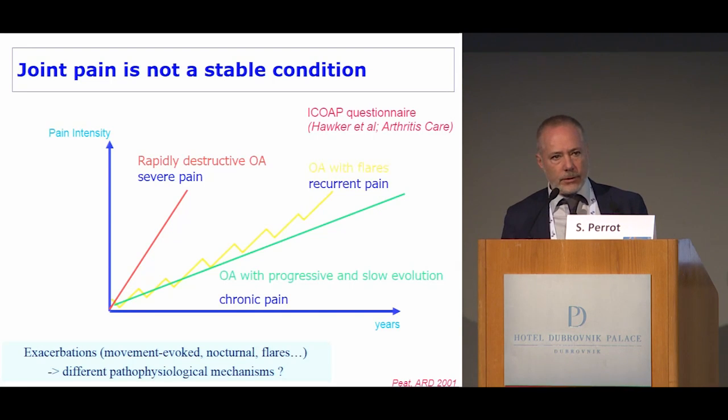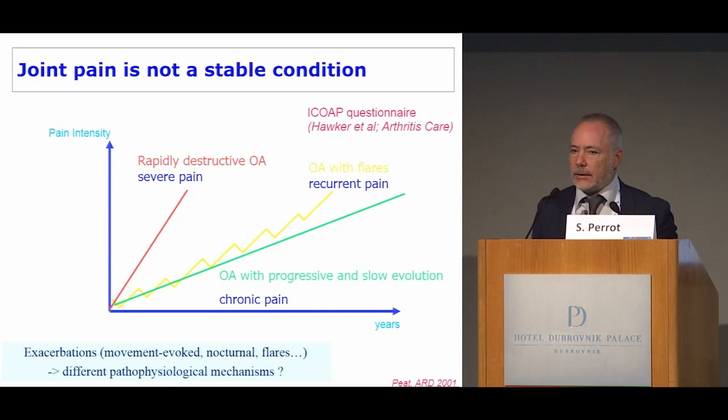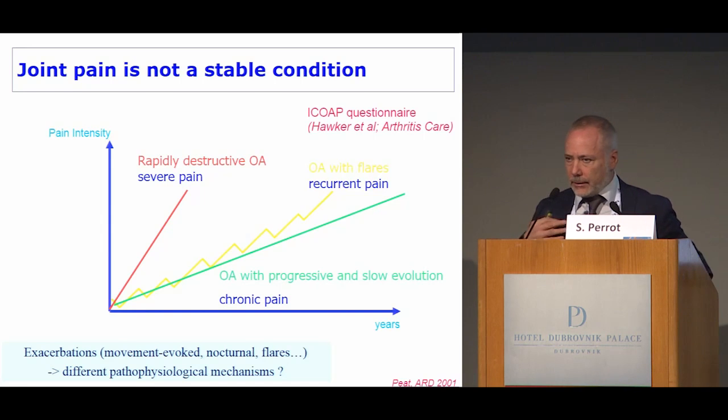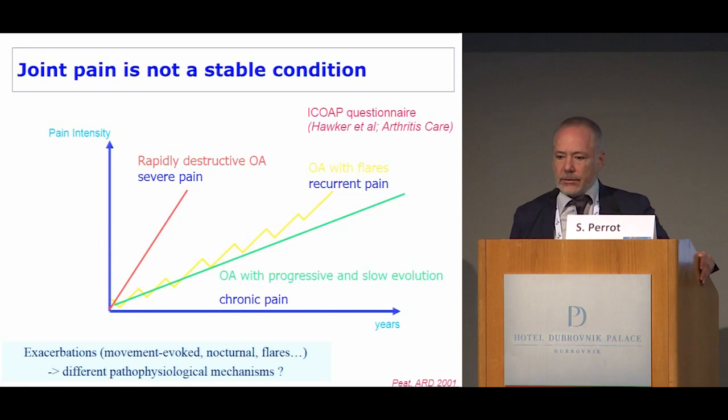And there has been one questionnaire that has been developed, the ICOAP questionnaire, that defines 2 different types of pain in the joint: the constant pain that is probably more difficult to stand, and the intermittent one that is probably different, with different impacts on quality of life, on depression, on anxiety. So this is probably something that we should take into account, that joint pain is probably not the same for each patient regarding this instability.